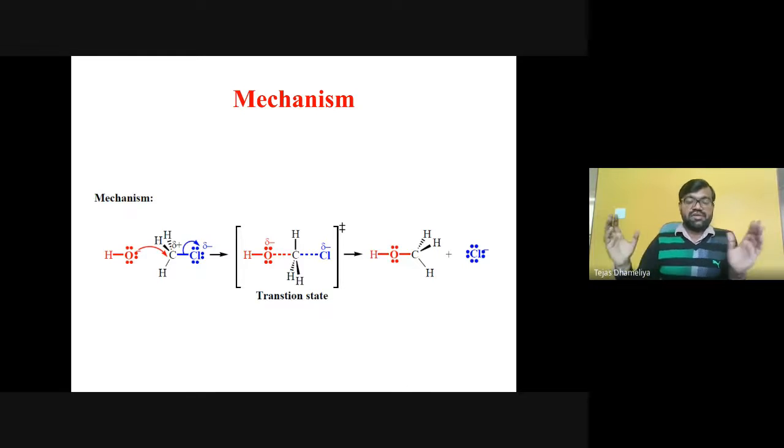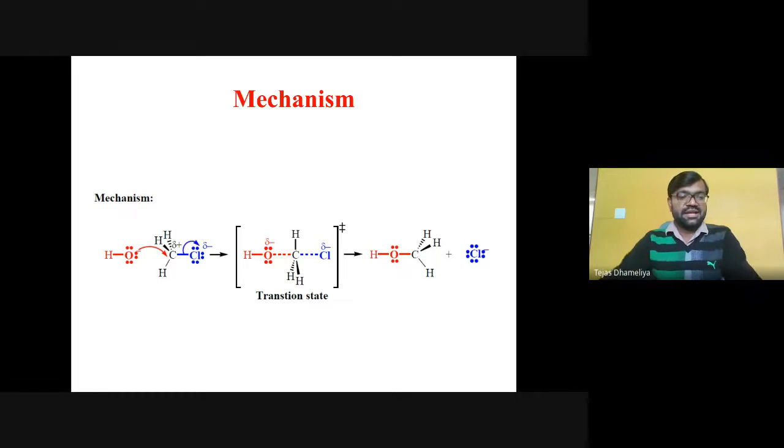Just like we have never seen God, Allah, Khuda, Bhagwan, but we believe that they exist, similarly, this transition state nobody has ever seen, nobody has ever isolated till today.